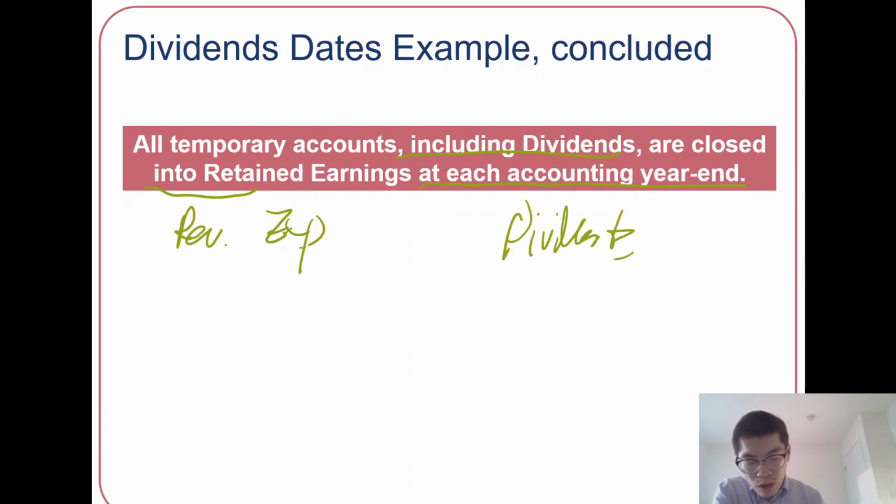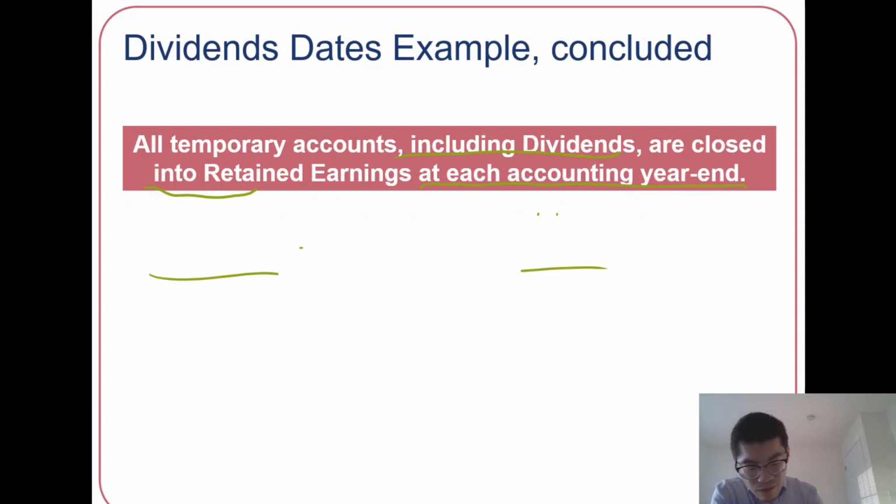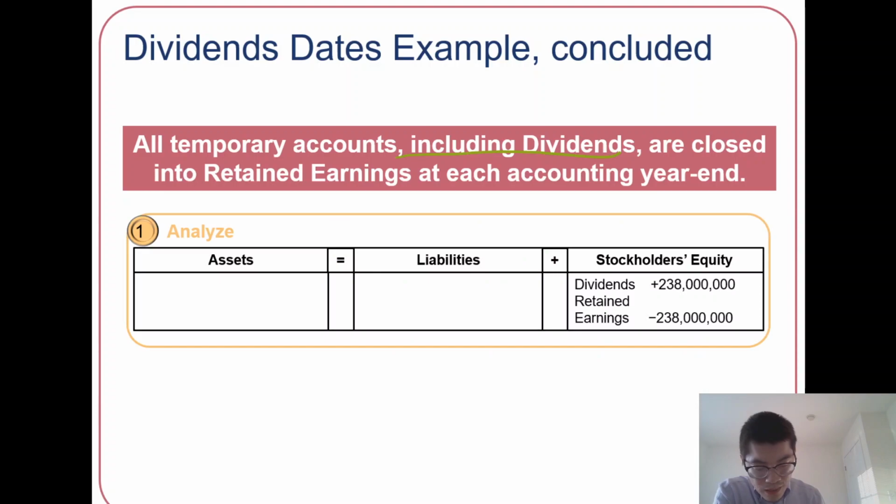And what we use to close these temporary accounts is the retained earnings account. So when we have a dividends account balance, we need to close it to retained earnings, and we're going to do the following journal entries.